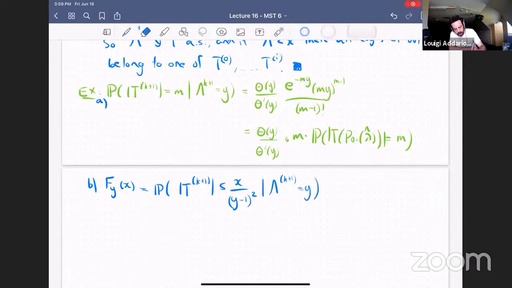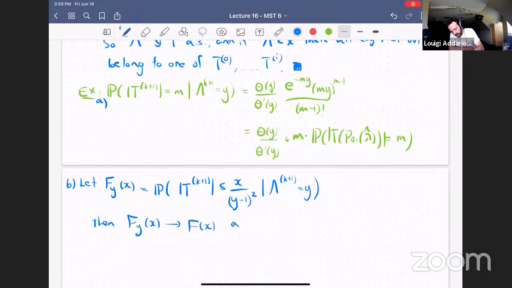Okay, so if I define f_y in that way, then f_y converges to a cumulative distribution function as y tends to 1.